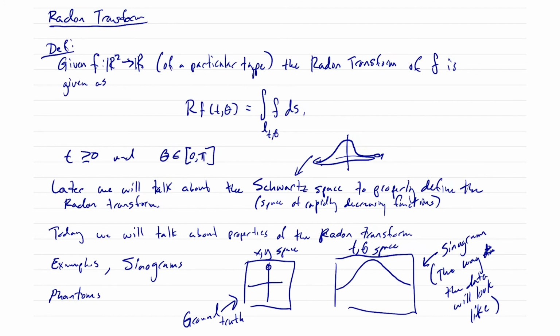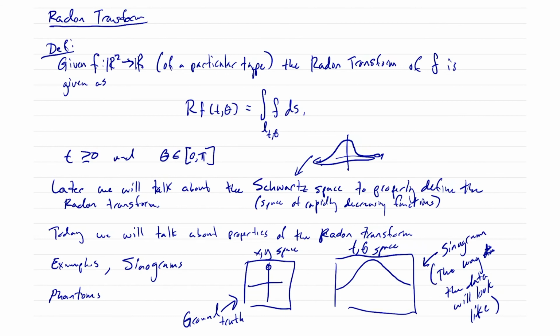Shepp and Logan introduced this idea of designing phantoms that look roughly like what you would expect to be inside a person, like organs, things like that. But all they really do is put a whole bunch of ellipses, circles, squares, and things like that, and that allows you to test your algorithm without worrying about the noise coming in from the data or the scanner.